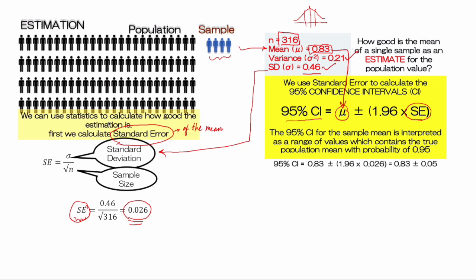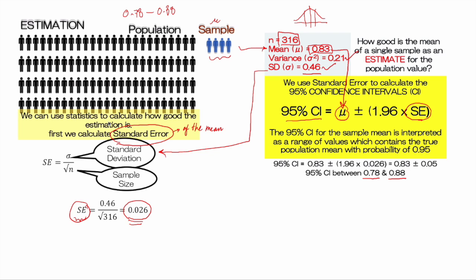If we put the numbers in and calculate, we reach two numbers: 0.78 and 0.88. So we already have the mean of the sample, and we can guess that the mean of the population will be somewhere between 0.78 and 0.88.